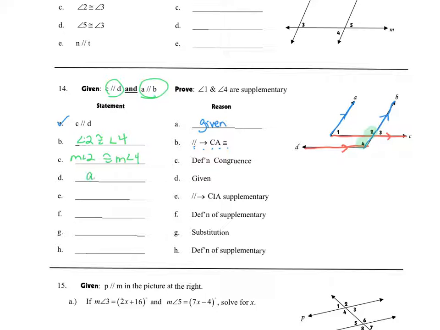It says that line A is parallel to line B. If we're looking now specifically at A and B, it says that parallel lines imply that consecutive interior angles are supplementary. And so if we look at what would be our consecutive interior angles here, we could see that on the blue lines being parallel, in the interior of them and consecutive of them would be angle 1 and angle 2.